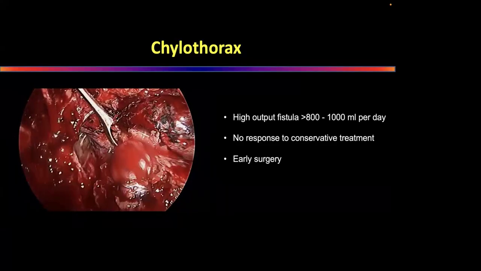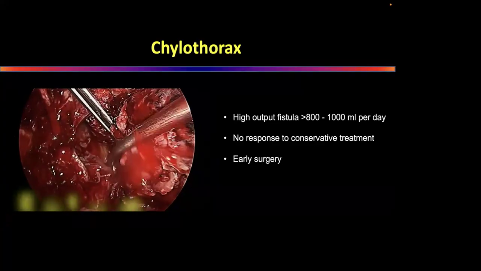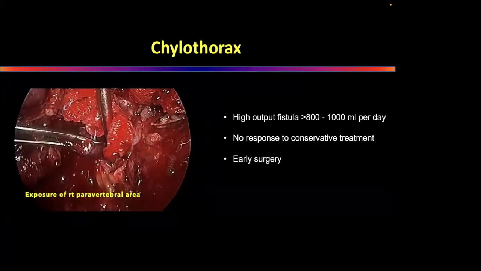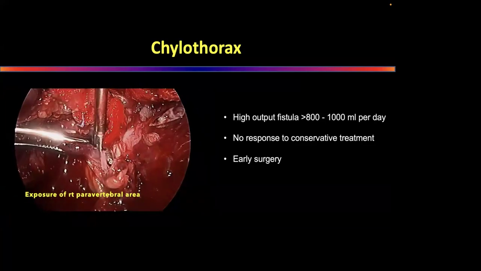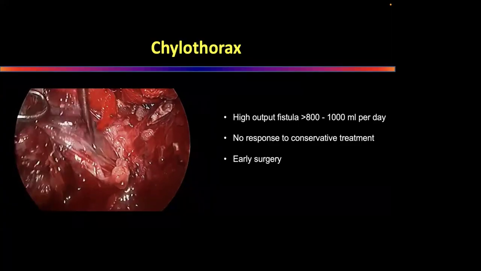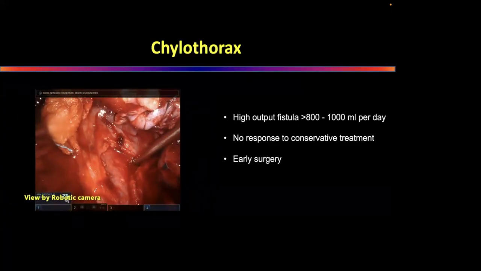So we gave perioperative fat to the patient and injected indocyanine green dye into the inguinal lymph nodes. With the help of this robotic camera, we first dissected the paraspinal area. As you can see, in these dense inflammatory tissues it's very difficult to see the thoracic duct.